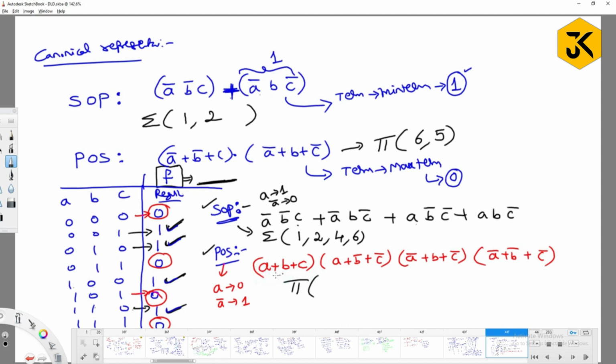A value is 0, meaning 0 0 0, which is 0. What is this one? 0 1 1, which is 3. And this is, A bar is 1, so 1 0 1, which is 5. And if you observe A bar plus B bar plus C bar, all are 1s, which means 7. This is the corresponding product of sums in numerical representation.